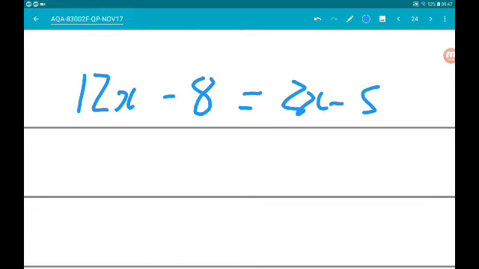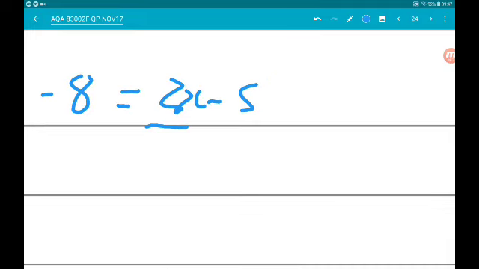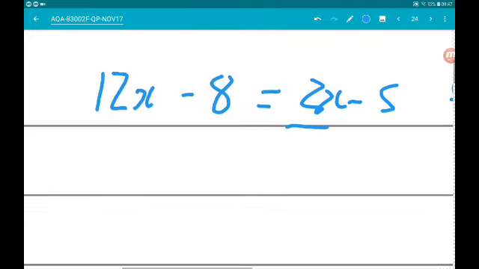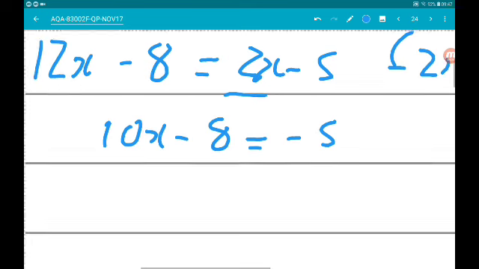Okay, so the job now is to get 1x on its own on one side with a number on the other. So the first thing I would do is get rid of this 2x. So we do that by subtracting 2x from both sides. Now that's going to give us on the left 10x minus 8 is equal to minus 5. The next thing is to sort out the minus 8.